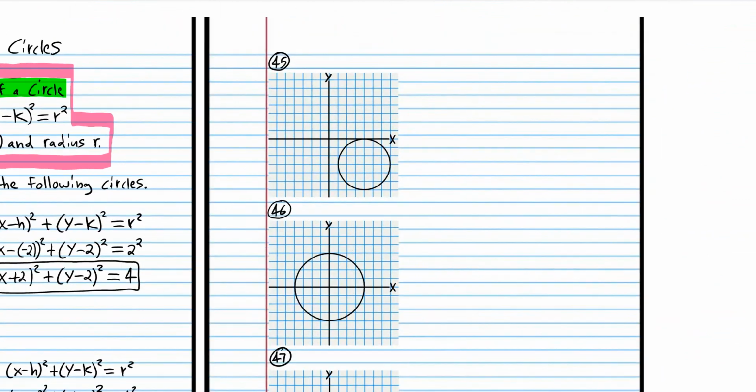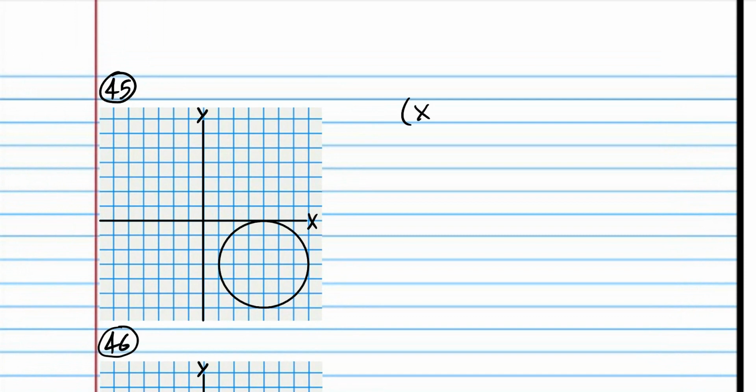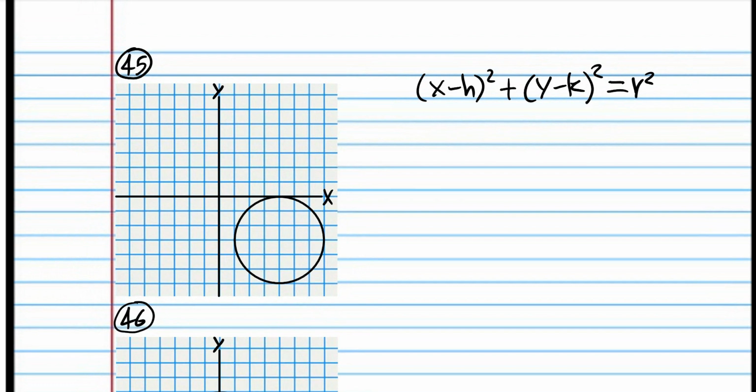So let's try a couple more of these. Again, we have a circle, and we are going to write the equation of the circle. Now we have to find the center, and it's going to be 1, 2, 3, 4, 1, 2, 3. So it looks like it's going to be 4, negative 3. So 4, negative 3.